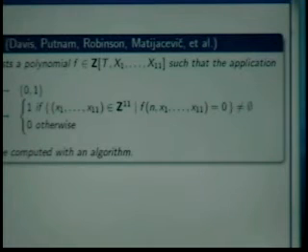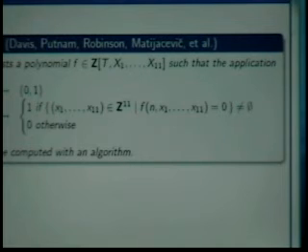There is a polynomial f with 12 variables, such that if you look at the map from Z to the set {0, 1}, where the value of the function at n is 1 if the equation f(n, x1, ..., x11) = 0 has a solution, and it's 0 otherwise. So it's simply look whether the equation with the first variable set to n has a solution or not.